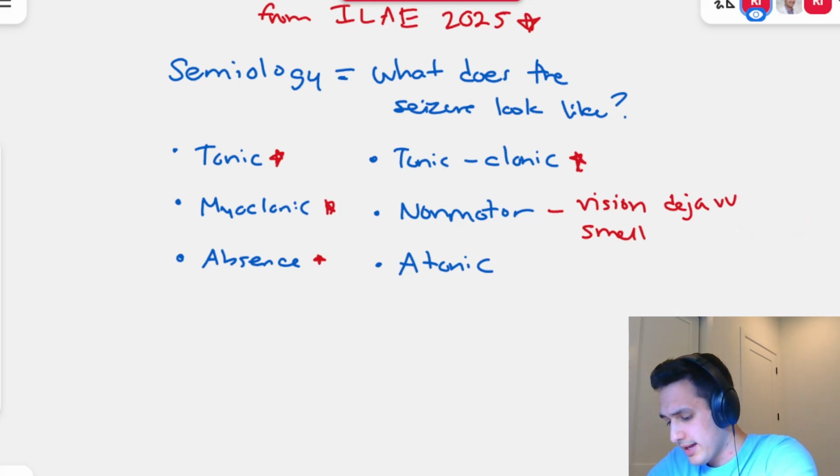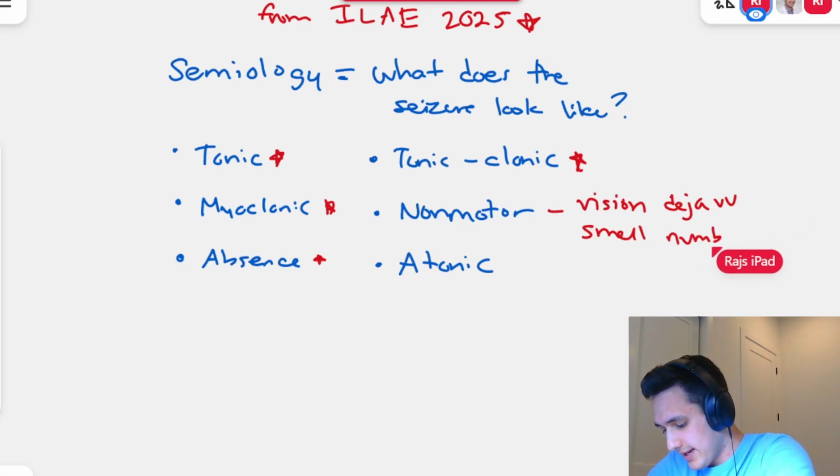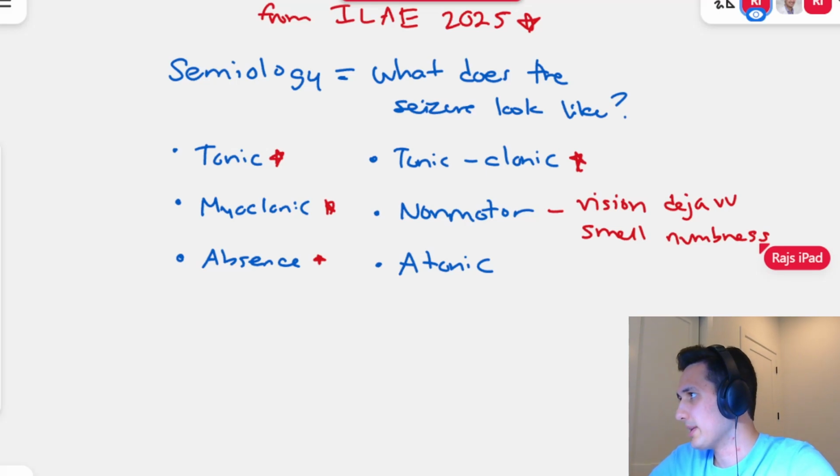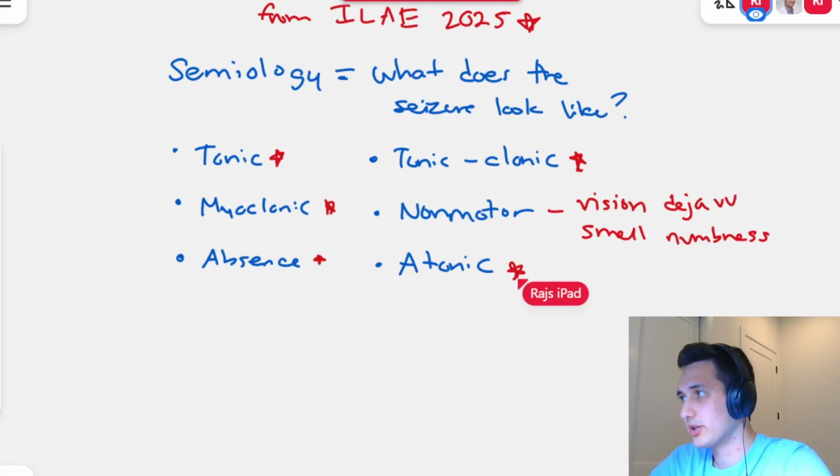You can also get numbness and tingling of extremities or parts of your body if there's a sensory component to the seizure. And then finally, atonic seizures. These are where a person loses their full muscle tone. They typically collapse, and they're actually a fall risk if people have an atonic seizure.